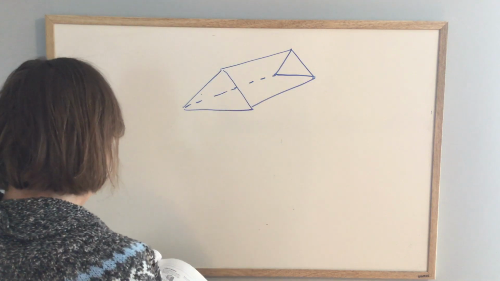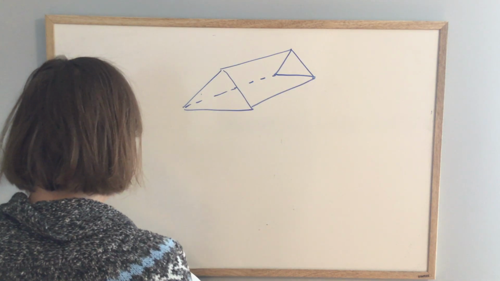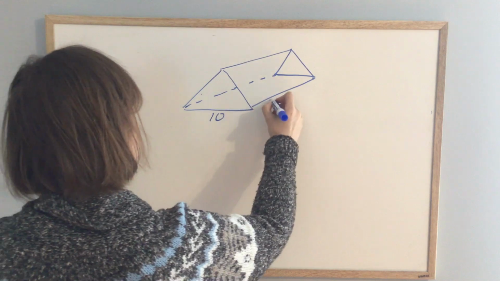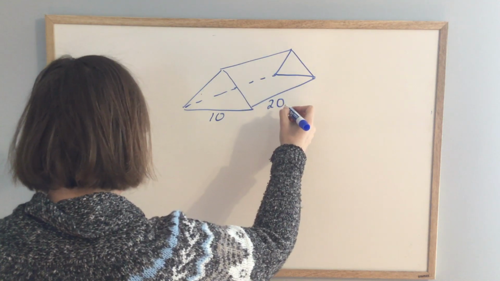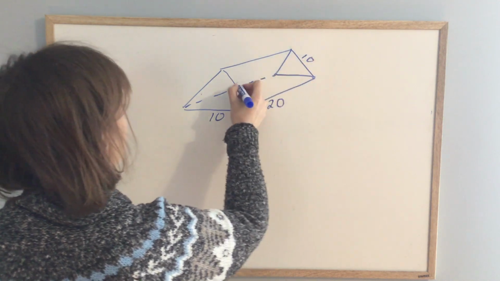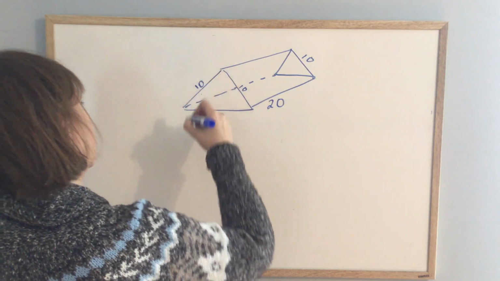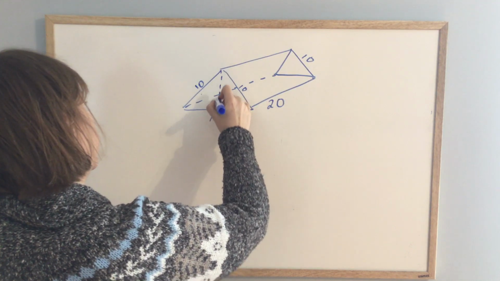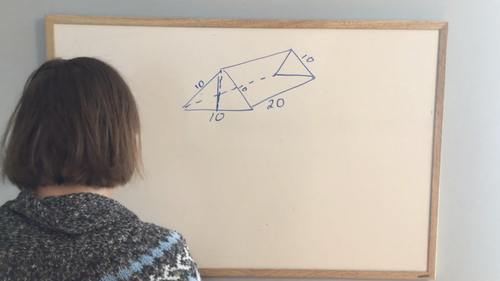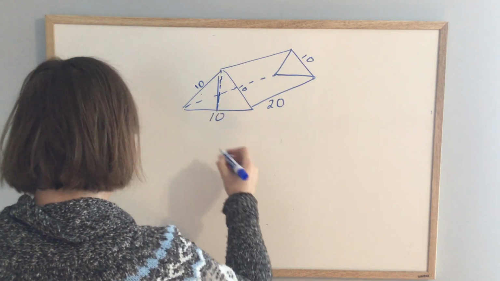So something like that. And they tell you this is 10, this is 20, this is also 10, which means this is 10 and this is 10. And the height of that triangle is 8.5.